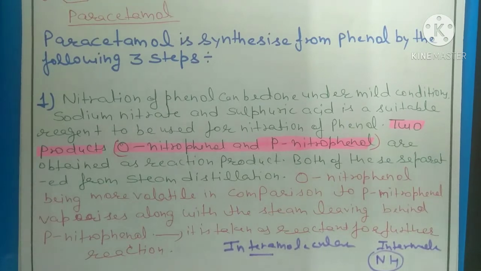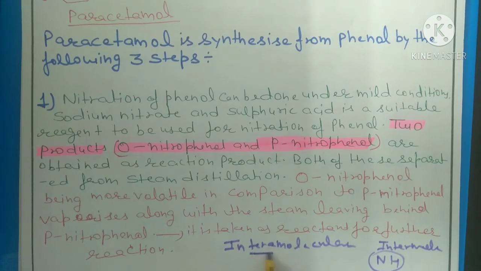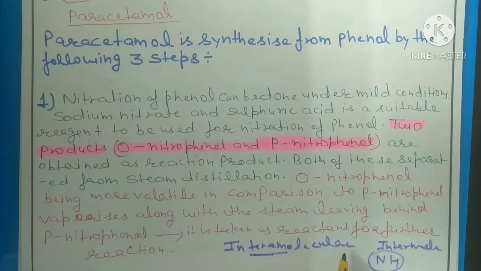Now this paranitrophenol can easily donate one of its hydrogen atoms as they show hydrogen bonding, but this is not the case with orthonitrophenol, as it shows intramolecular forces of attraction which is present between two atoms.